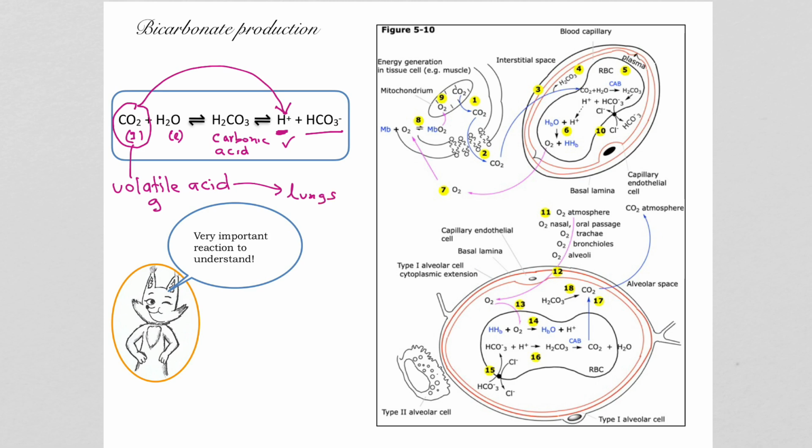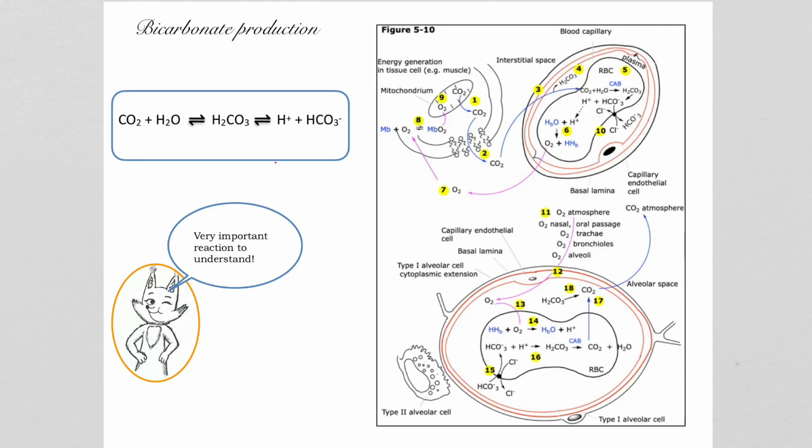As opposed to non-volatile acids like hydrochloric acid. Hydrochloric acid is not a gas. Sulfuric acid, that's not a gas. Or phosphoric acid. These are not gases. These are all non-volatile acids. So carbon dioxide is a volatile acid, and these ones are non-volatile acids.